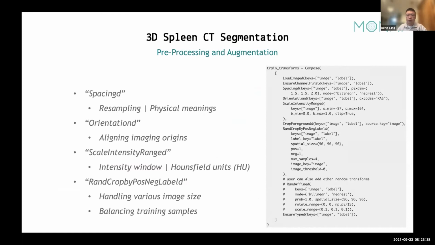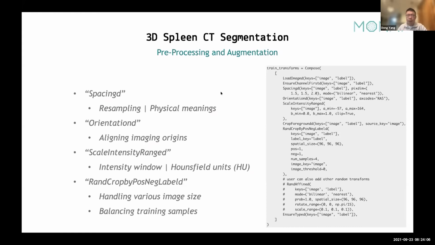You can see this is one example of the transform list that we have for the spleen segmentation task. It covers pre-processing and also the augmentation. The key component listed on the left is Spacingd. Spacingd resamples whatever input image towards the target resolution or target spacing.